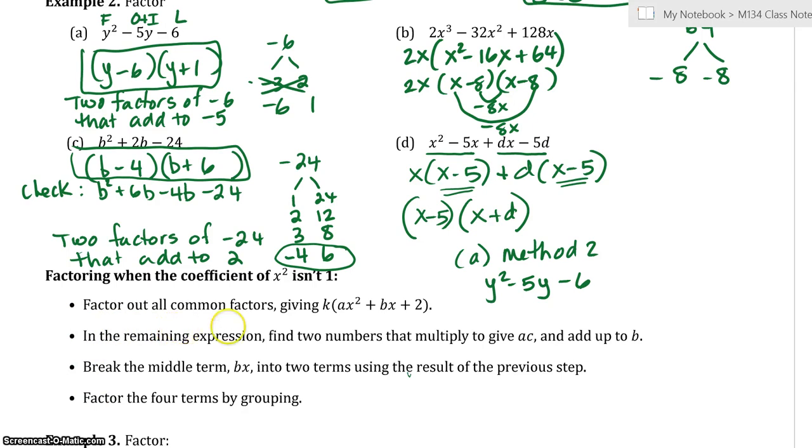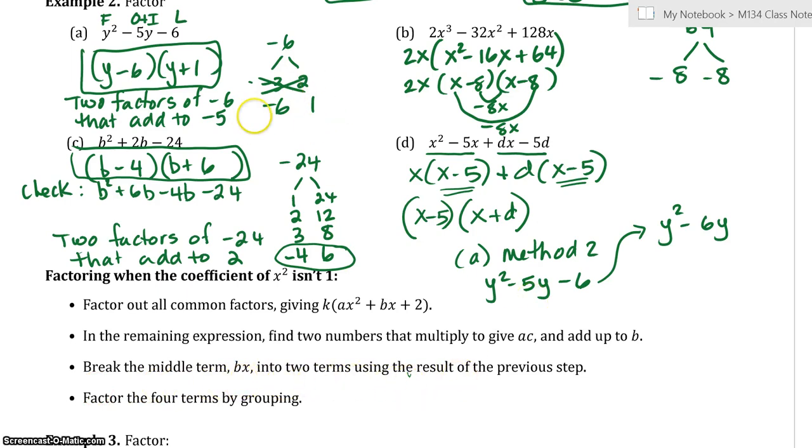Factor out everything that's common. We did. There's nothing common. In the remaining expression, find 2 numbers that multiply to AC that add up to the B. So we did that. They were negative 6 and 1. But instead of writing this here, that's why we really don't need this for this one. But let's go ahead and try it anyway, just so you can see that it does work. I'm going to write this, and I'm going to break the middle term into 2 terms using the result.